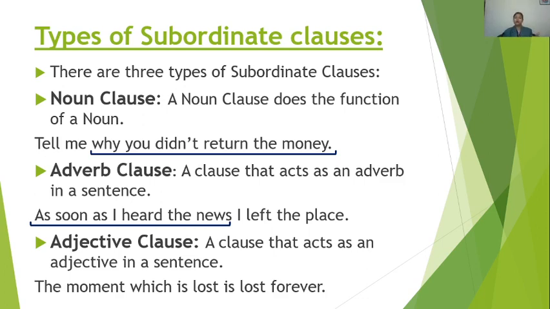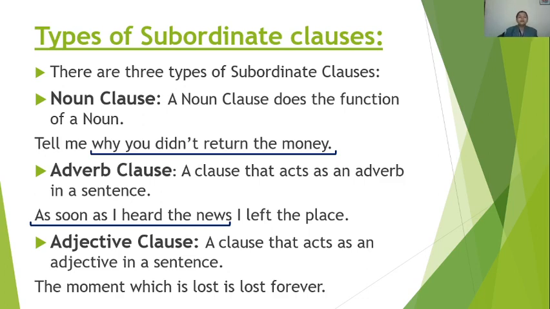Now let's come to our main topic of the class today, that is the adjective clause. What is an adjective clause? A clause that acts as an adjective in a sentence, like "the moment which is lost forever."